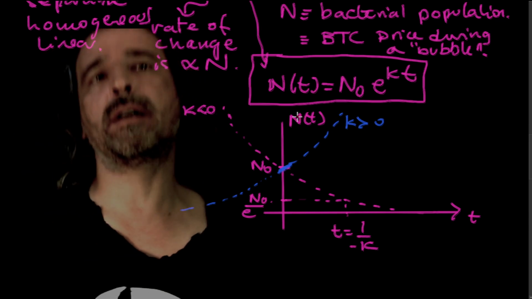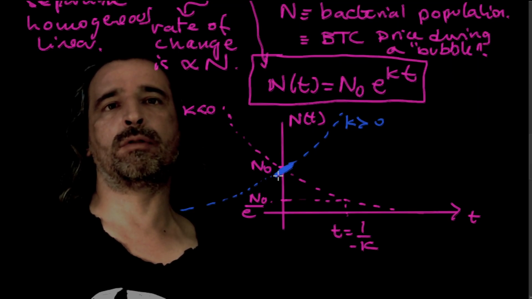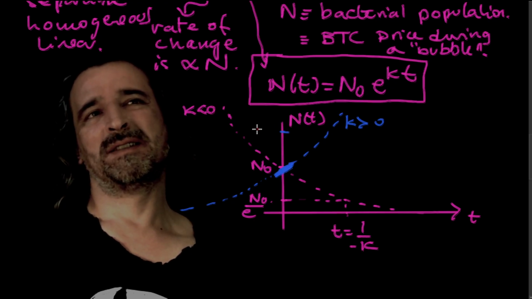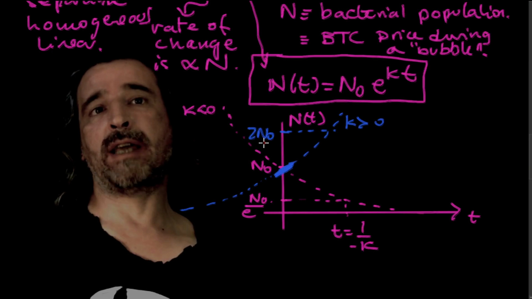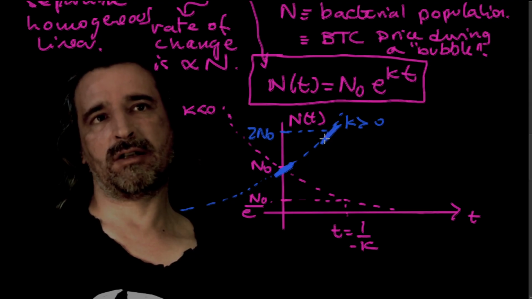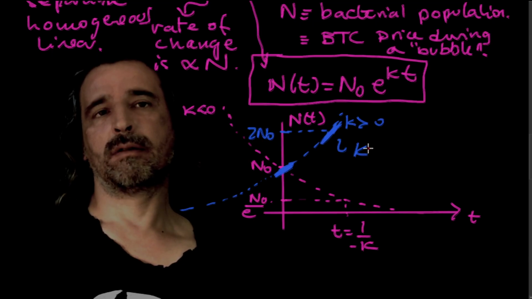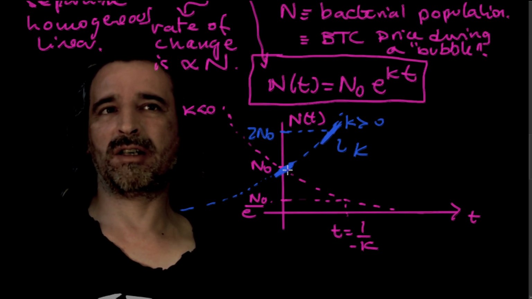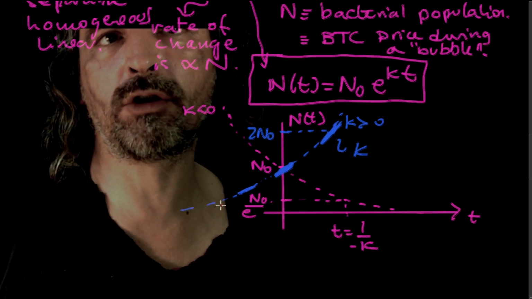What is important here is to look at the slopes, right? At n naught, the slope will be whatever it is. But if you go to twice n naught, then you can see that the slope will be k times the one at n naught.